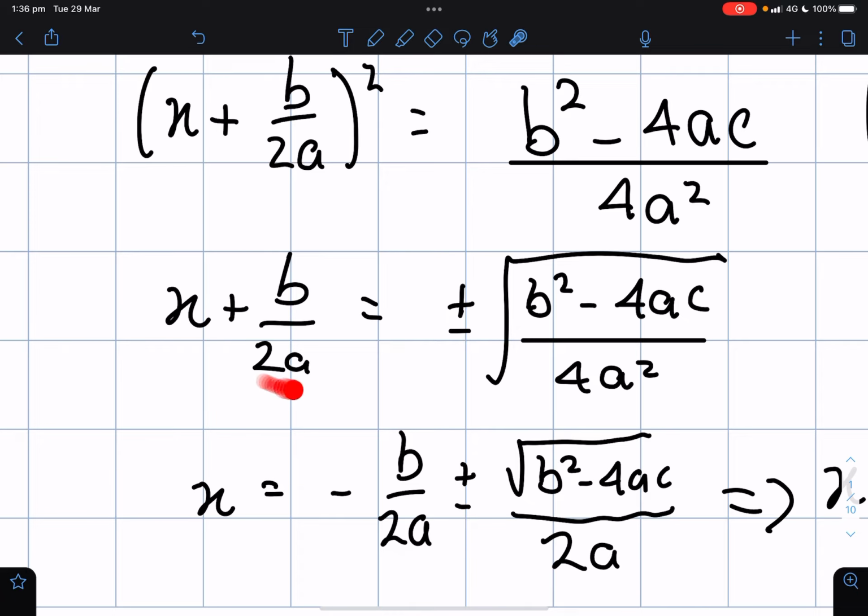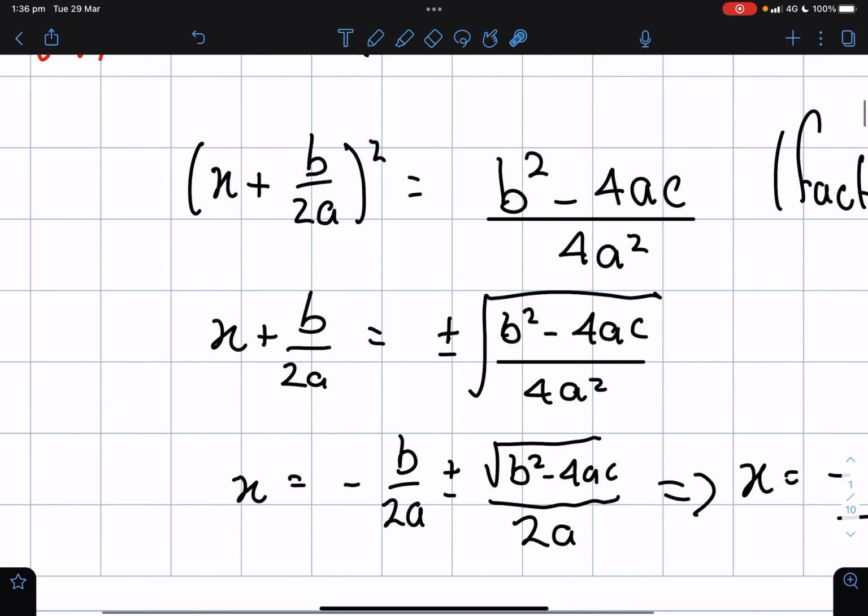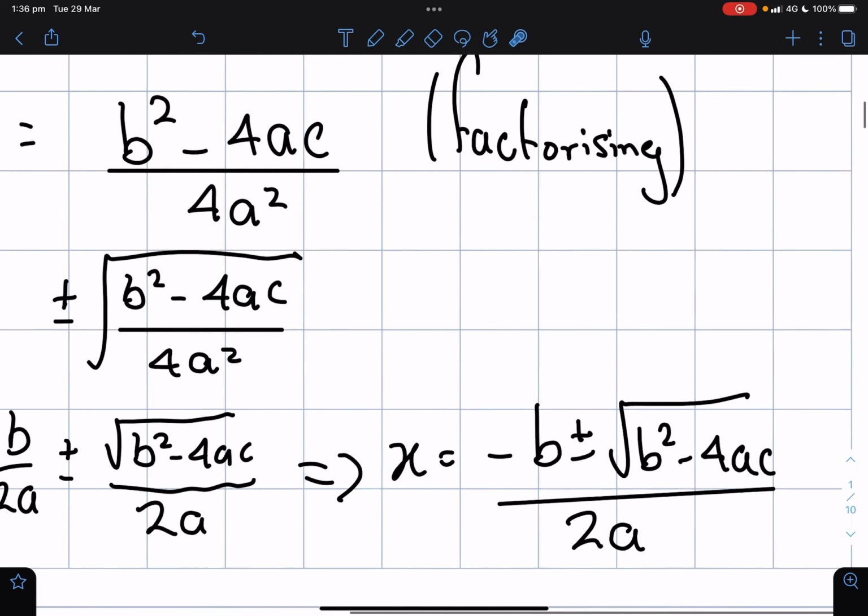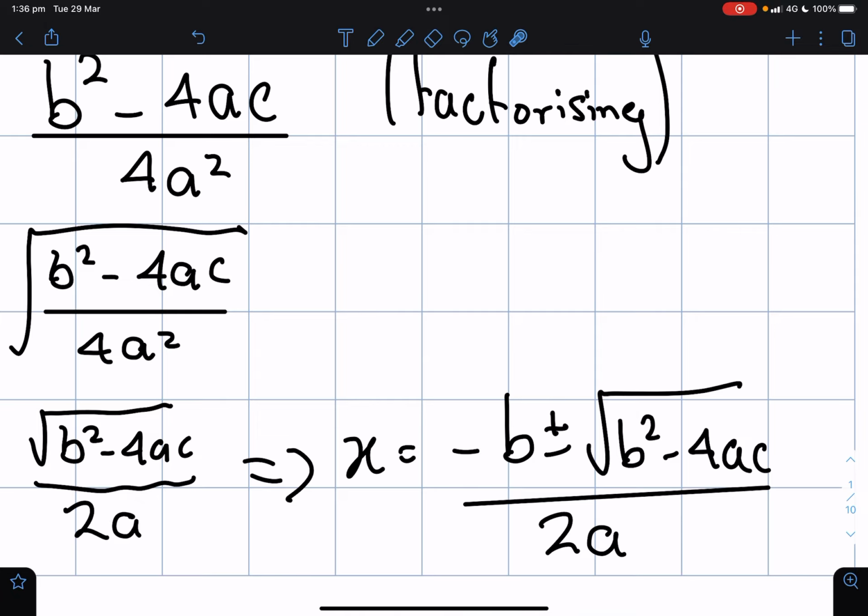I have also subtracted b on 2a from both sides to get x by itself. And again, just like before, we have a common denominator, so all we need to do is add or subtract the two terms together. So finally we're left with x equals negative b plus or minus the square root of b squared take 4ac, all over 2a.